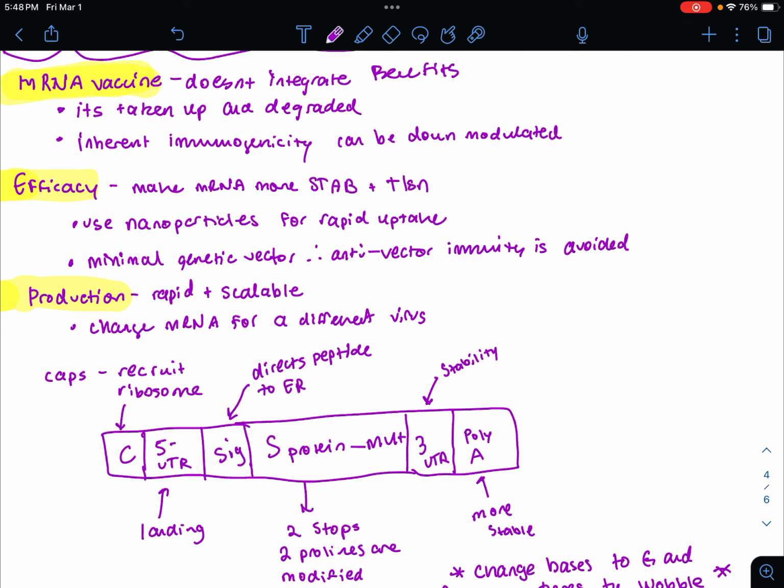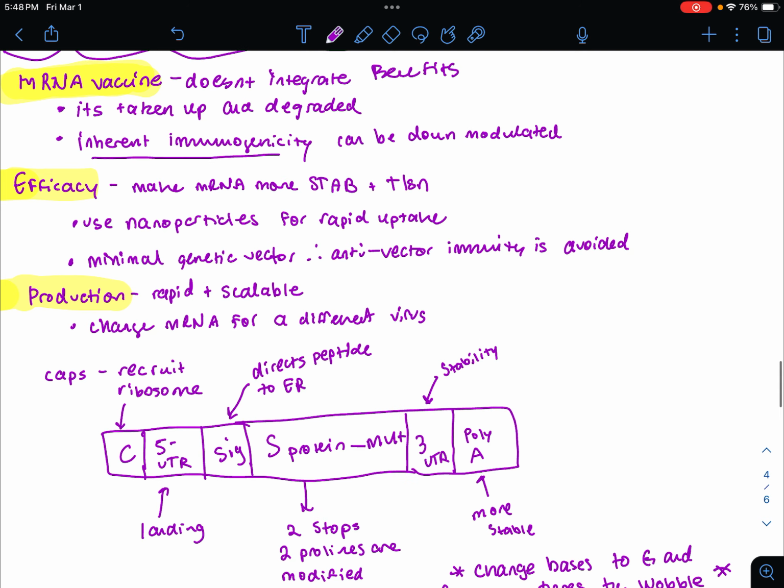mRNA is degraded by normal cellular processes. The half-life could be regulated using modification and delivery methods. The immunogenicity of the mRNA could be down-modulated to increase safety. Efficacy: the various modifications to mRNA for its stability could also make it highly translatable.